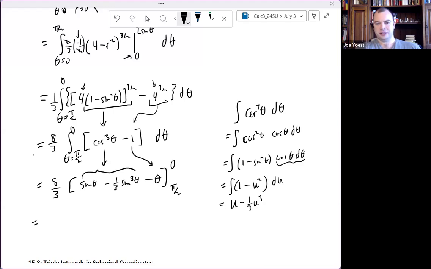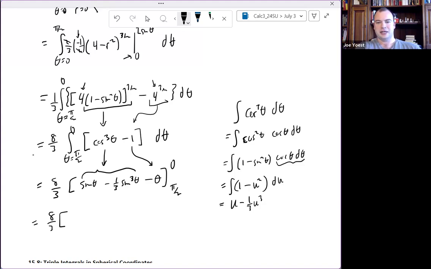Okay, so at theta equals 0, this gives me 0. I feel like I'm off by a negative somewhere anyway, even though I thought I was being careful not to be. Oh no, okay, yeah, it is looking right.